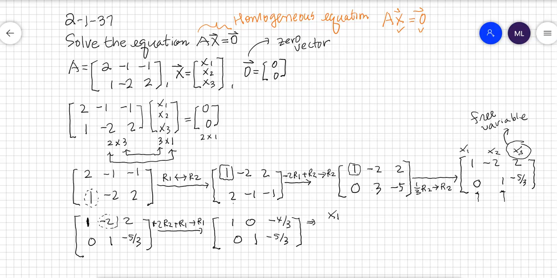Okay. So what is the meaning of this? That means x1 minus 4 over 3 x3 equals 0, because remember, it's all 0 right there. So from here, you can say x1 is 4 over 3 x3. And from the second row, x2 minus 5 over 3 x3 equals 0 again. So that makes x2 is 5 over 3 x3.